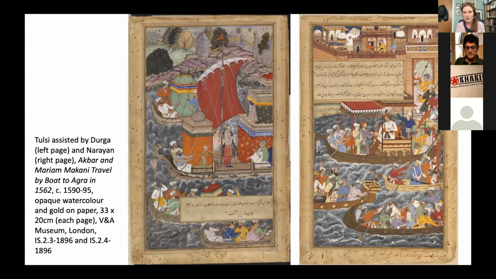And then on the left-hand side of this page, we have the way in which the harem are traveling. So Mariam Makhani, and we have these beautiful canopied tents in which the members of the royal female household travel so that they're hidden from view. Only this lady here is a woman that we see within the image.